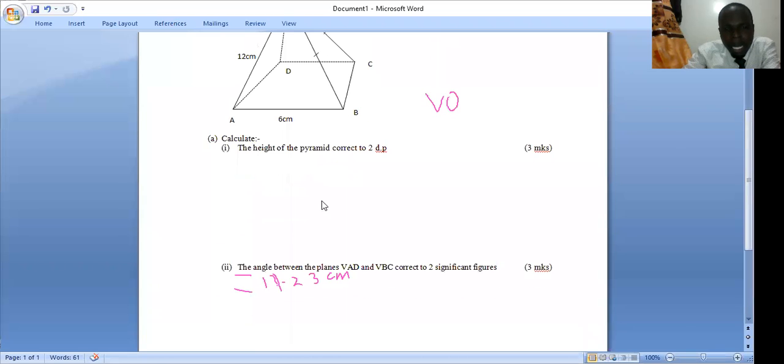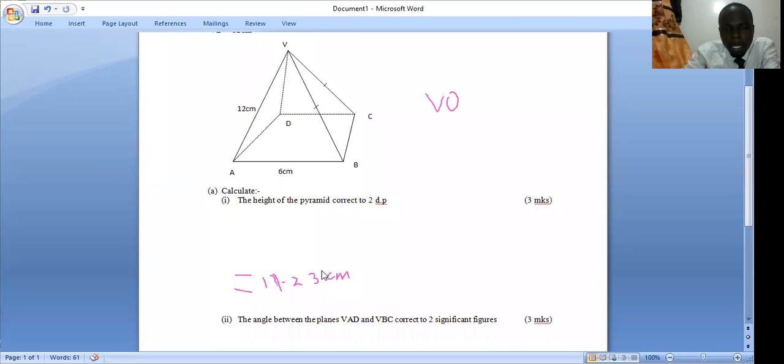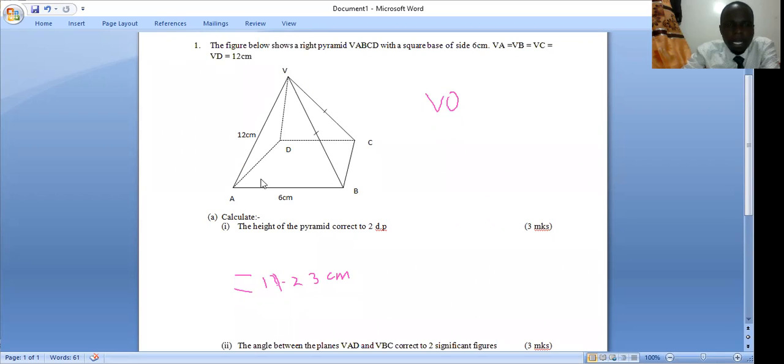So we want the angle between VAD and VBC. That is very, very simple. You must show it within the drawings. We found our VO.